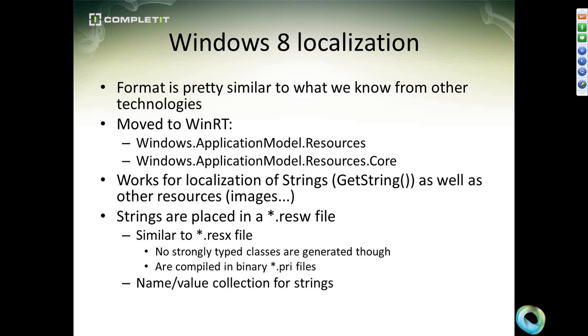The main difference is that with the resx file, there is always a strongly typed class being generated. That doesn't happen with the resw files. Basically, a resw file, and we'll see that in the editor in just a second, is more or less the same as a resx file, but it's like a dictionary containing keys and values, and it is actually being binary compiled into something called a PRI file. That's what it becomes when it gets compiled.